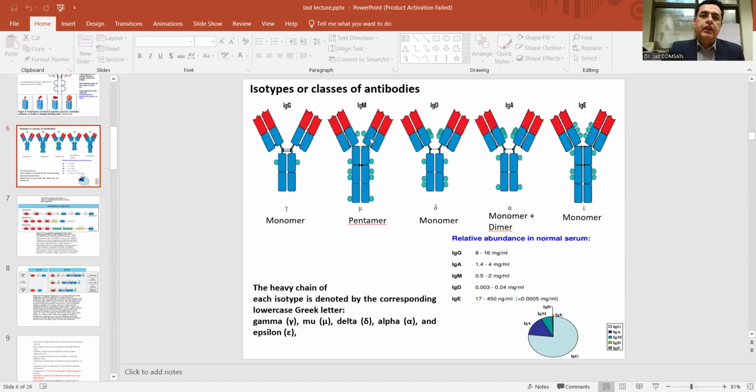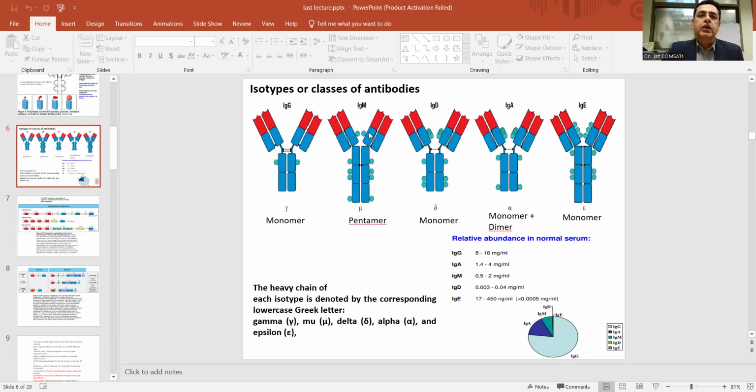The IgM that is found here is slightly different from other types of antibodies. If you look here, it does not have the hinge region which is found in IgG, IgD, and IgA. It is more like IgE, which also does not have this particular hinge region. If you look at the number of constant heavy chain domains, you would find that IgM and IgE again are different.